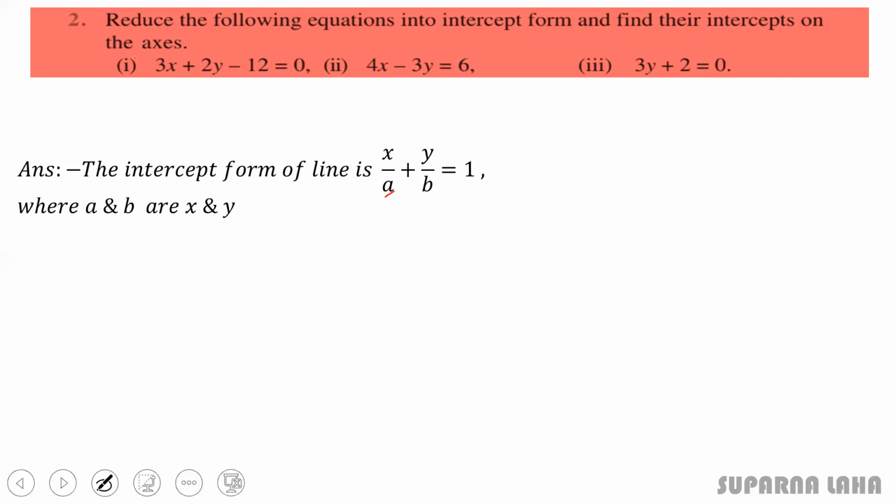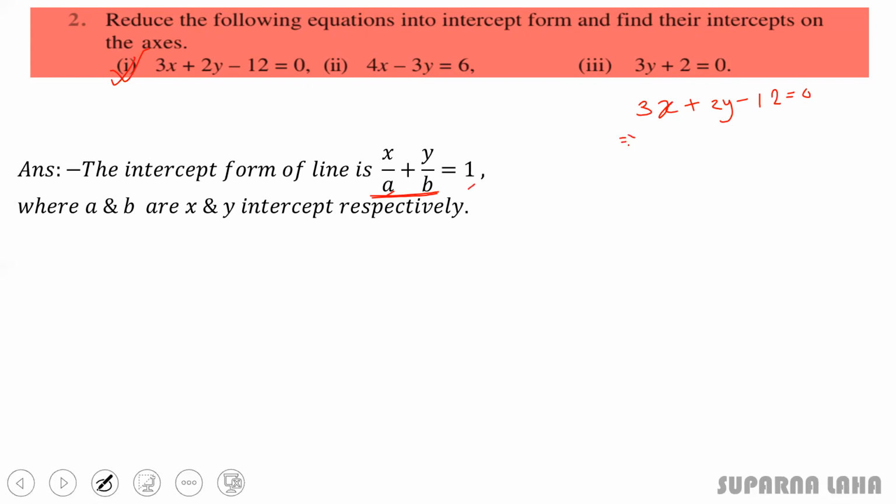Now look at this equation: 3x plus 2y minus 12 equals 0.